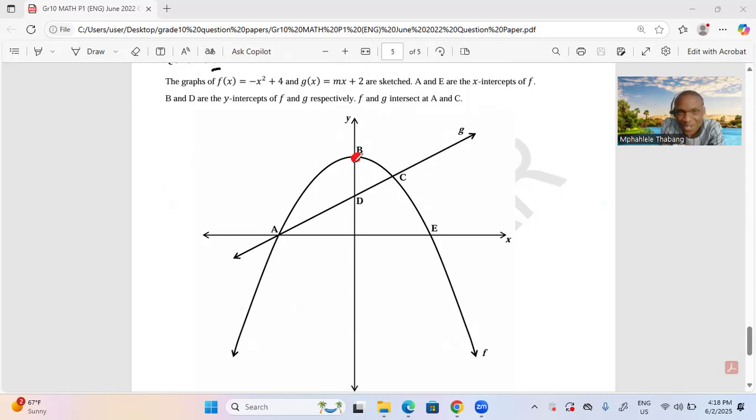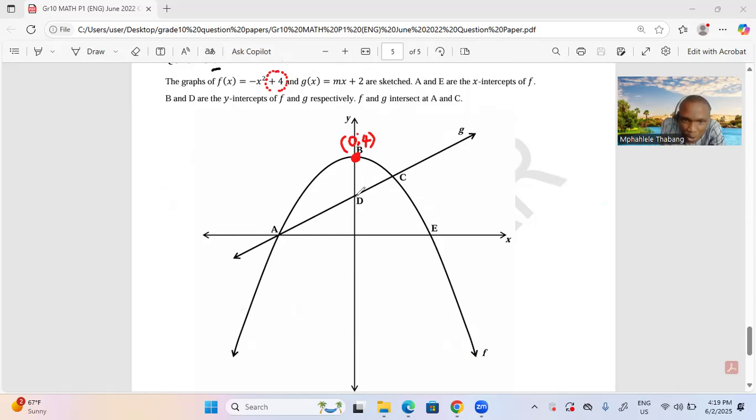I will show you how to find the y-intercept. But due to my experience, I already know that this number, positive 4 at the end, is my y turning point. Therefore, the coordinates of B are actually 0 and 4. But I will show you another way of finding the coordinates of B.